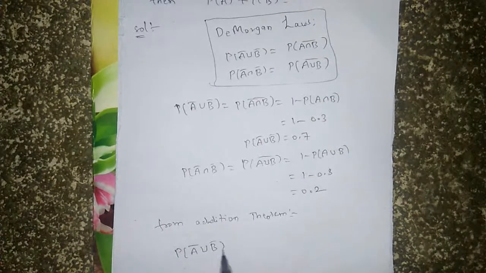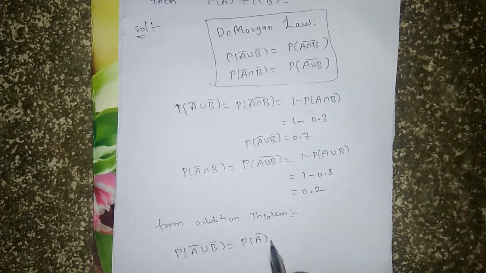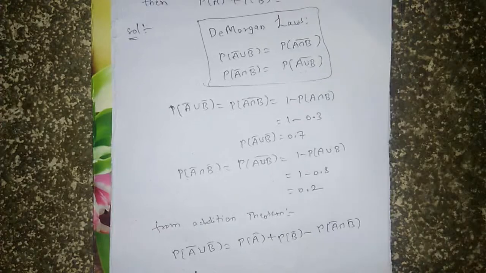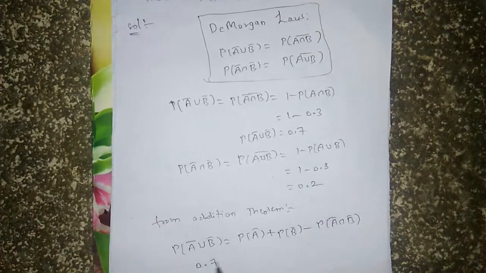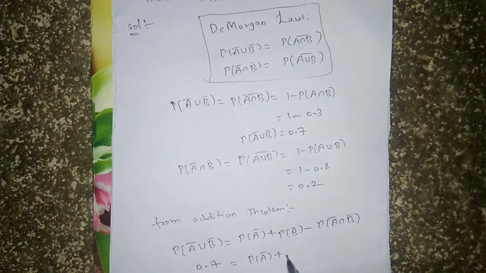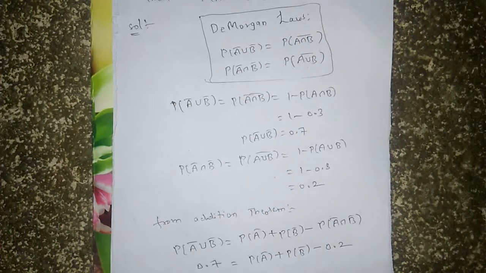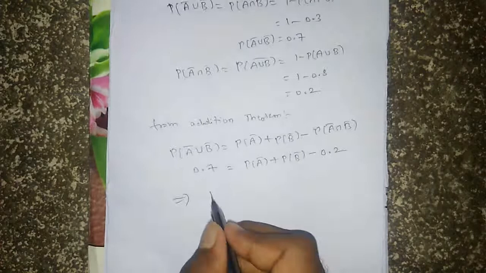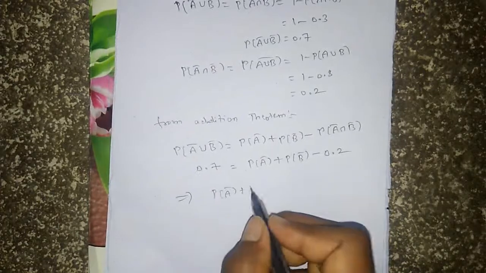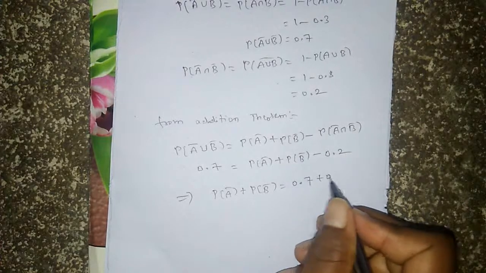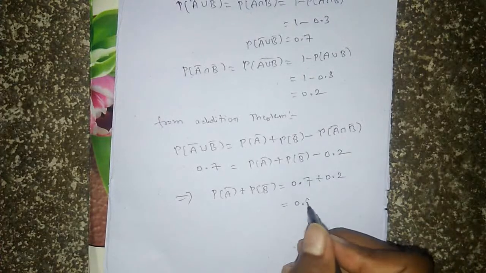P of A bar union B bar is equal to P of A bar plus P of B bar minus P of A bar intersection B bar. This value is 0.7, and we need to find P of A bar plus P of B bar. Minus this value 0.2, implies P of A bar plus P of B bar is equal to 0.7 plus 0.2, that is equal to 0.9.